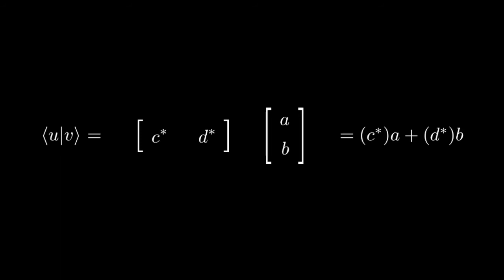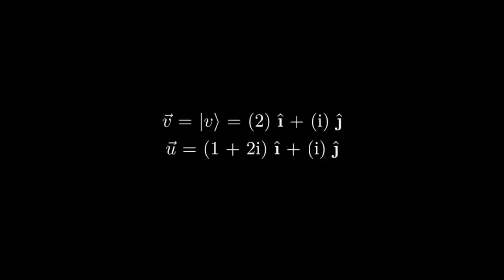Here, a complex vector space, because in quantum mechanics, our vector components will often contain an imaginary part. We write the inner product here as a row vector multiplied by a column vector, and we compute the expression on the right-hand side by just doing regular matrix multiplication. So we get the complex conjugate of c times a plus the complex conjugate of d times b.